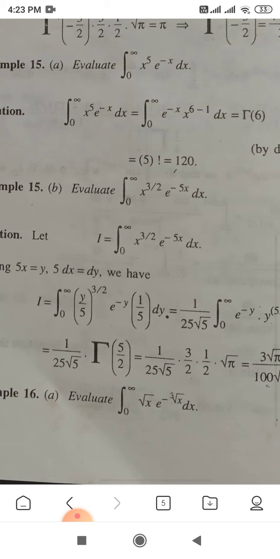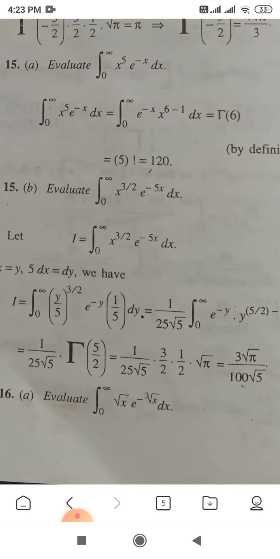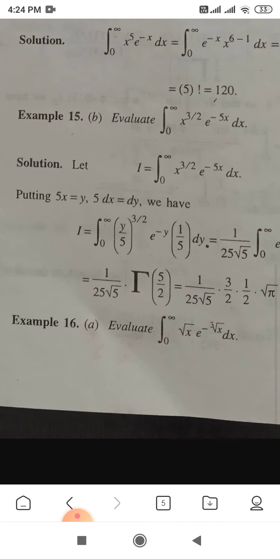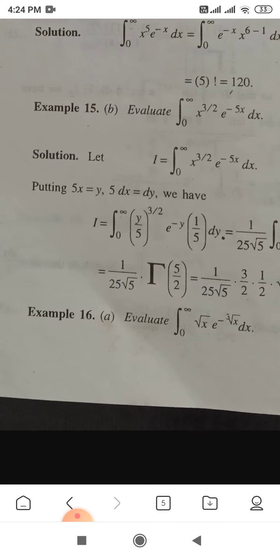Next example: evaluate 0 to infinity x to the power 3 by 2 e to the power minus 5x dx. So the integration I is equal to 0 to infinity e to the power minus 5x x to the power 3 by 2 dx. Here we have to use a substitution: putting 5x equal to y, then 5 dx is equal to dy.